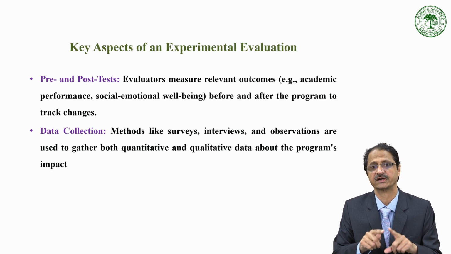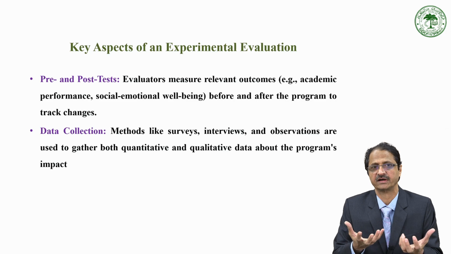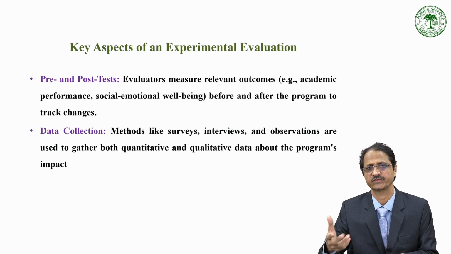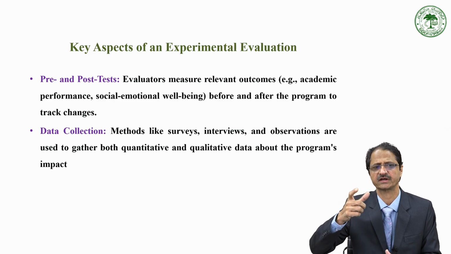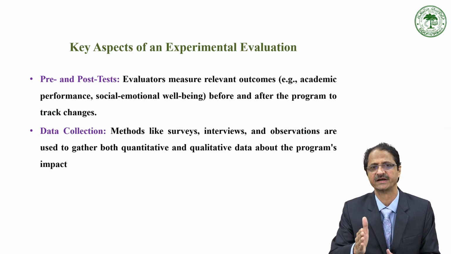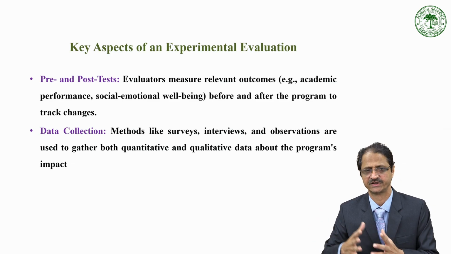And after conducting several sessions, now we are evaluating the academic achievement or performance as well as emotional and social well-being of the student. What will be the difference between the pre-test and the final test? That basically will determine the impact of the program on the academic achievement and social emotional well-being of the students.